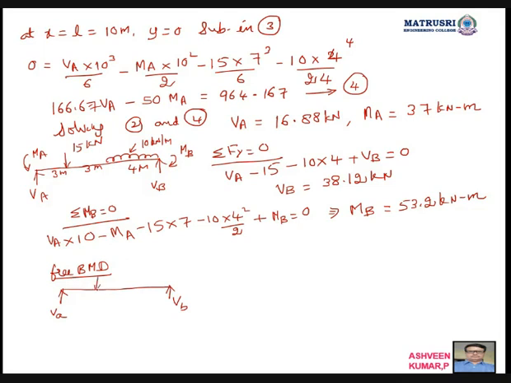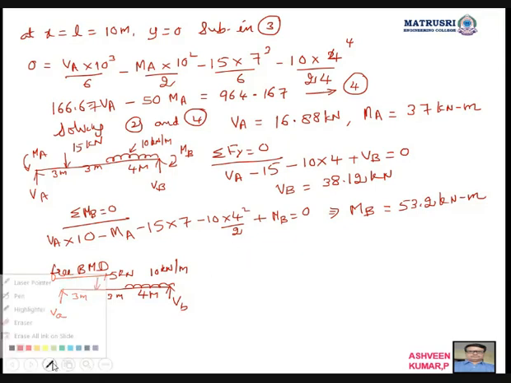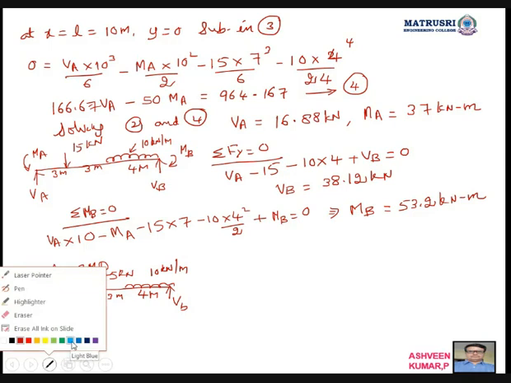This is 15 kilonewton, then from here to here a UDL of 10 kilonewton per meter. This is 4 meter, this is 3 meter, 3 meter. So first you calculate the free reactions without MA and MB. Understood all of you? Without them I am taking.